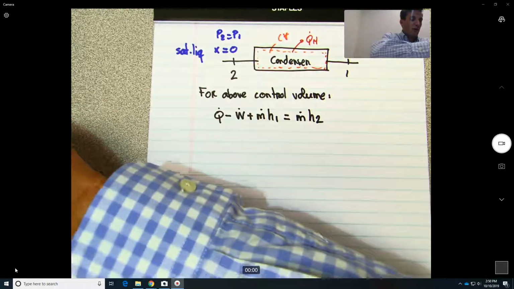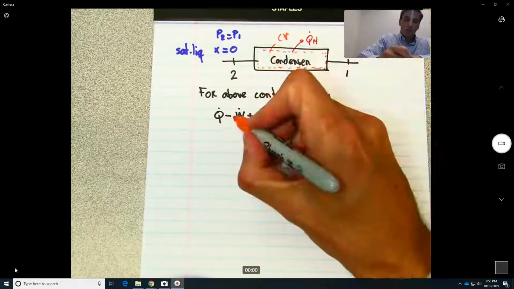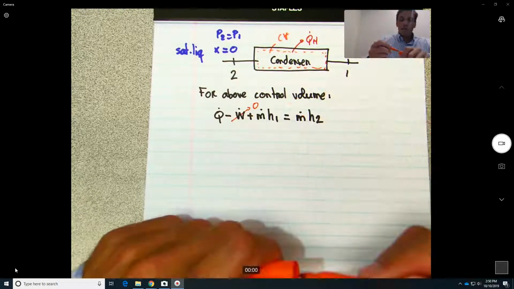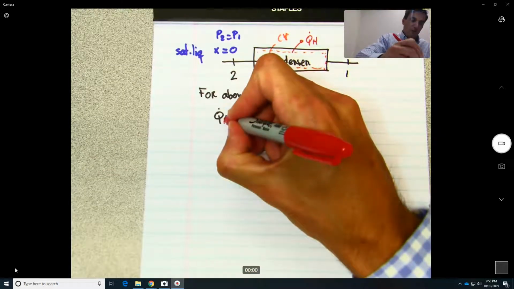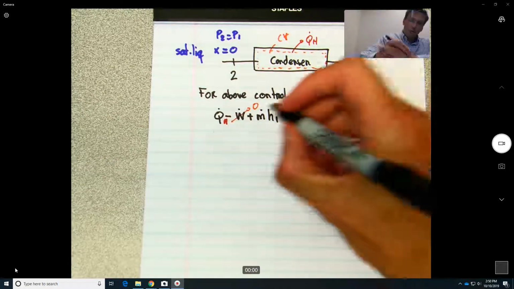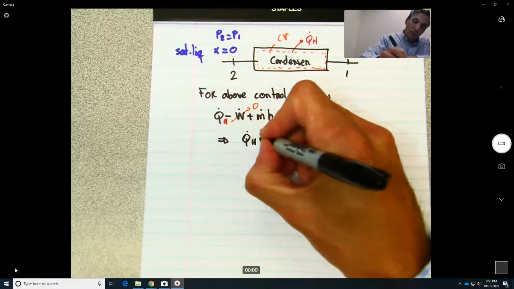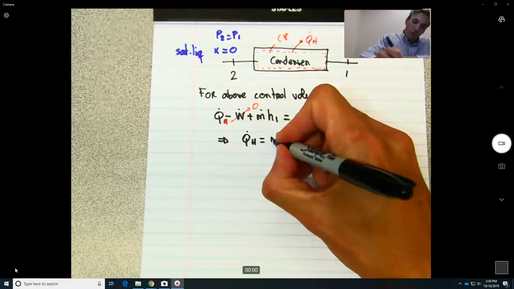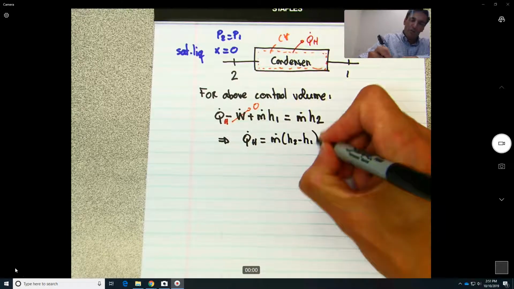So in this problem, for this system, the condenser, as you can see, there is no power going in or out. And this one should be Q sub hot. So from here we can write down that Q sub hot will be equal to M, the mass flow, times H2 minus H1.